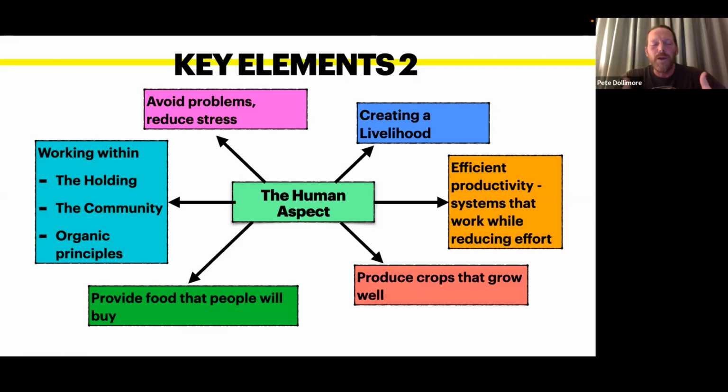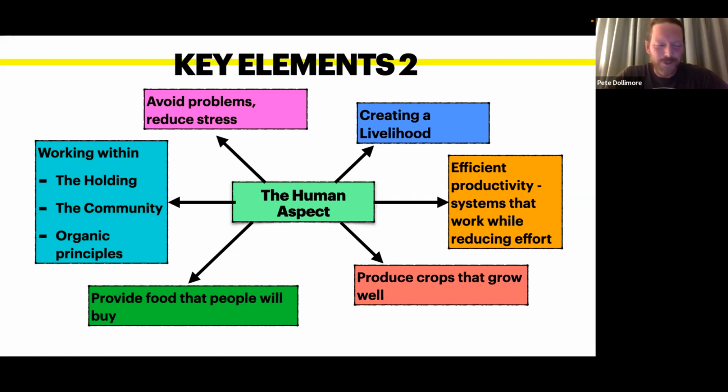We want our systems to be efficient, we want them to be productive, and if we can utilize rotations to help us with that, then it's good. We don't want to make life difficult for ourselves by creating rotations that just have a lot of work, a lot of headache, and aren't growing crops that we want. So I just want to be clear about that.